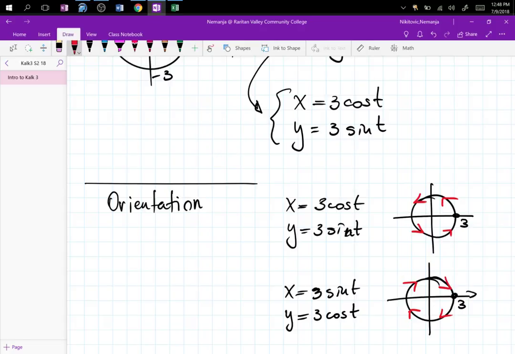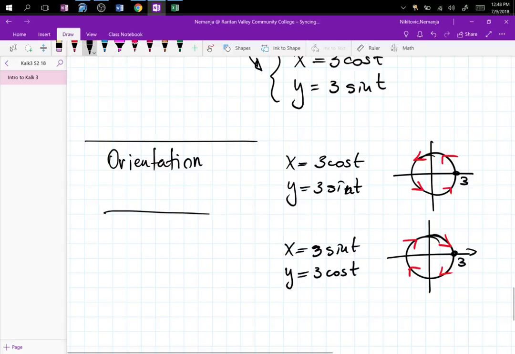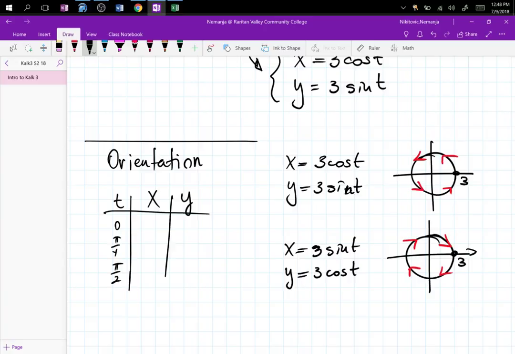You will compute these the same way you did in middle school. You are going to assign values for t, let's say 0, pi over 4, and pi over 2. And then you will calculate x and you will calculate y. I don't care which one you do. Now, if you pick the top one, you will start at 3 over here, and you will go counterclockwise.